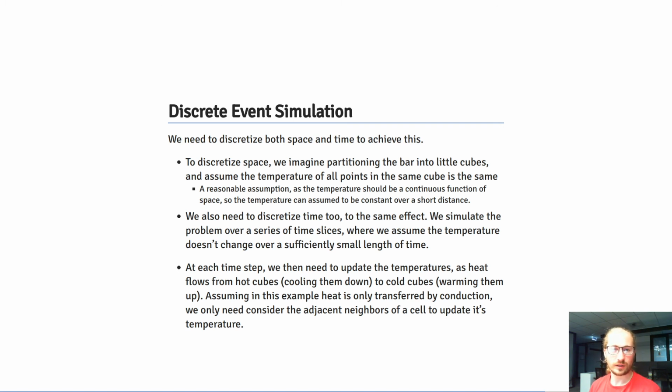Of course, in a more realistic model, you might consider the effects of conducting heat via radiation or by convection, but we're making assumptions here to simplify the problem. We're basically assuming it's a steel bar in a vacuum, there's nothing else touching it. The only thing that matters is the temperature of the little parts of the steel bar. So for that reason, all of the assumptions we're going to make is that heat wants to move from hot cubes to cold cubes, and can only do that by moving heat to an adjacent cube.